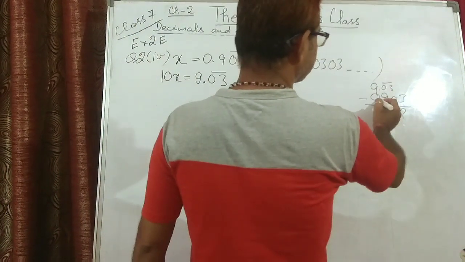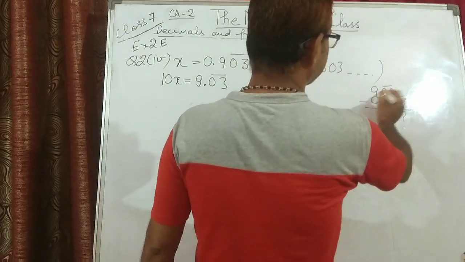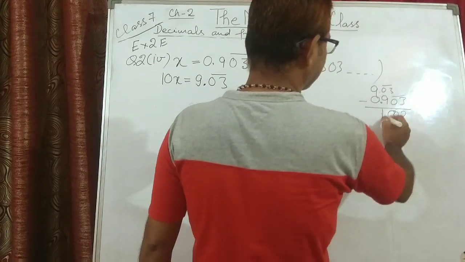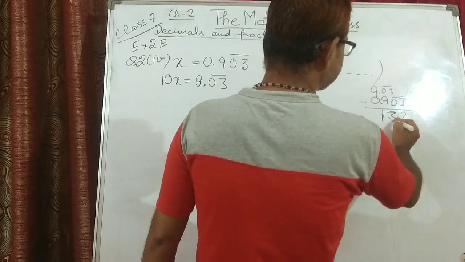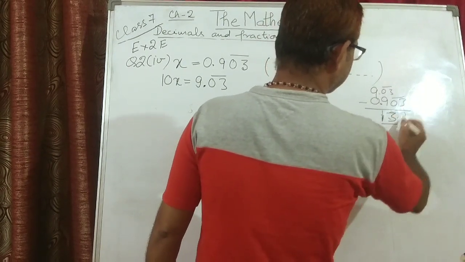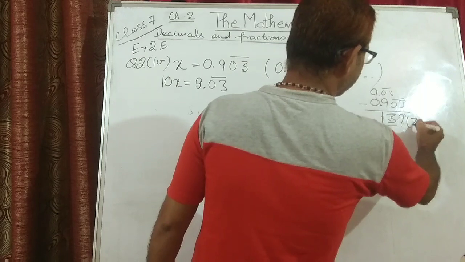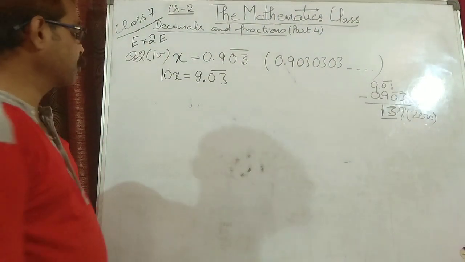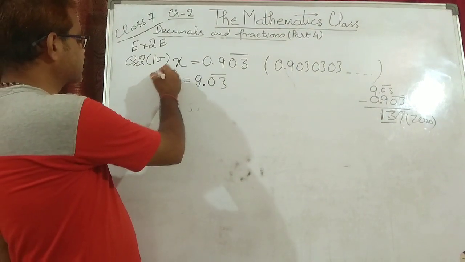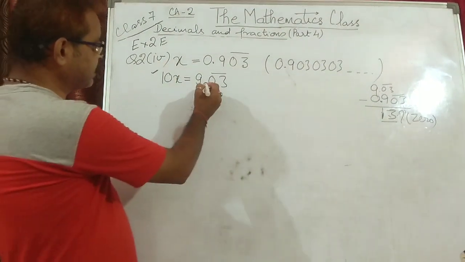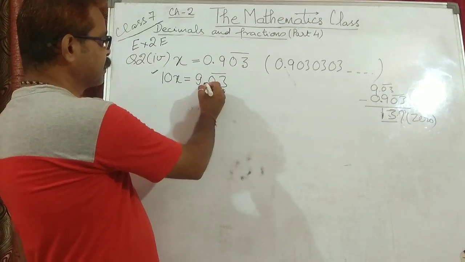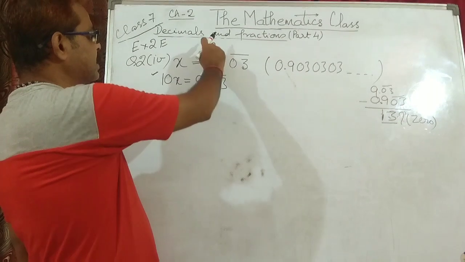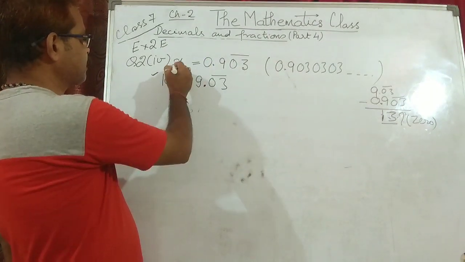If I subtract 0.903 bar from 9.03, because 3 minus 0 will be 3 and 10 minus 9 will be 1, we will get something or the other, but my main concern is I want 0 after the decimal. So what we need to do is work on this step. What if I multiply this 10x by 10 again, that is by 100, or rather multiply the original by 1000?